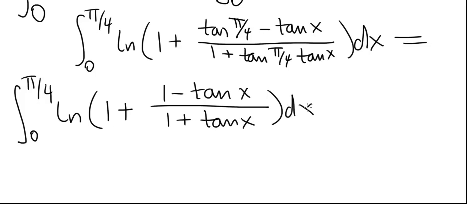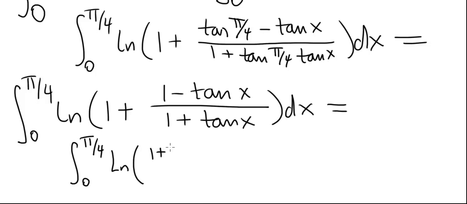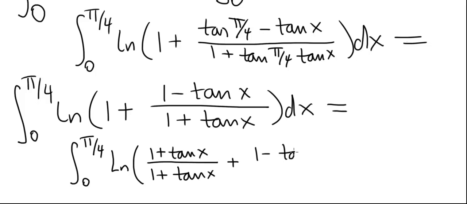Let's use a common denominator. This is equal to the integral from 0 to pi over 4 of natural log of 1 plus tan x divided by 1 plus tan x plus 1 minus tangent of x divided by 1 plus tangent of x.